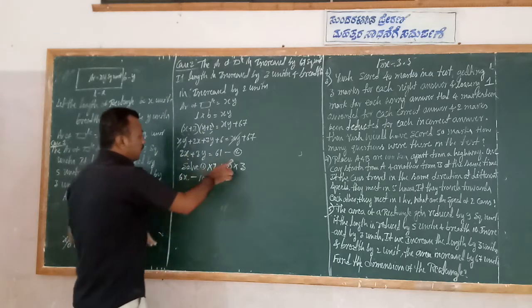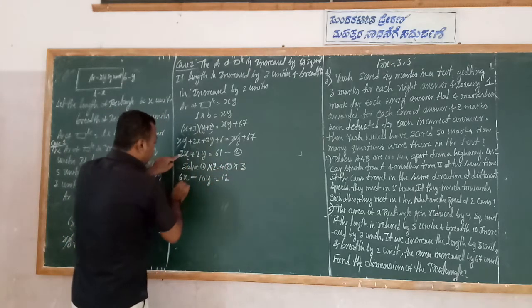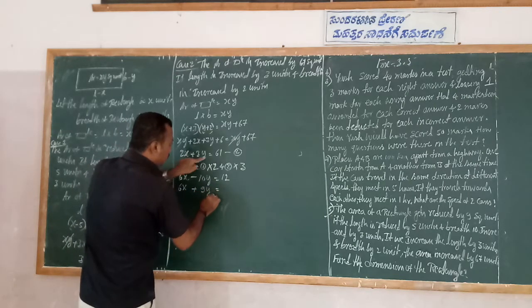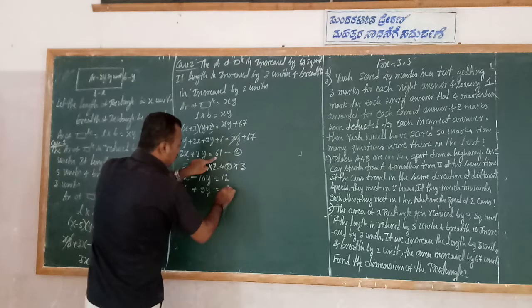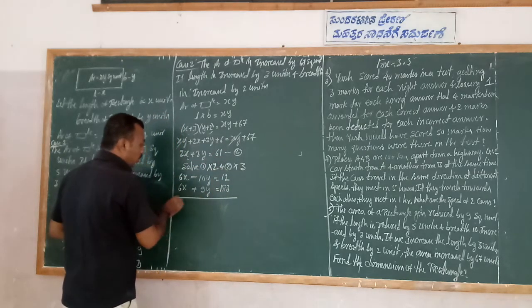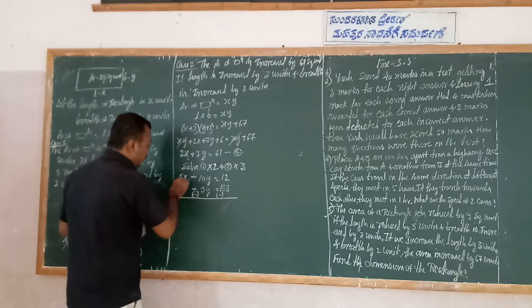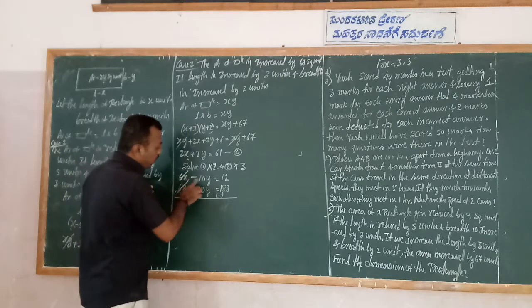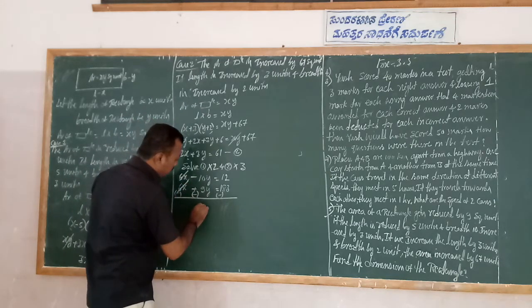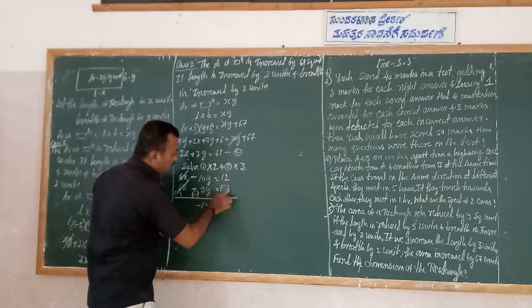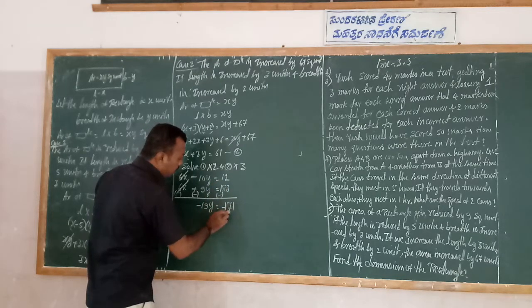Second equation multiplied by 3: 3 twos are 6x, plus 3 threes are 9y, is equal to 61 into 3, which is 183. Now cancel them: changing the sign, plus 6x and minus 6x cancel, minus 10y minus 9y becomes minus 19y, is equal to minus 183 minus 12. So that is minus 171.